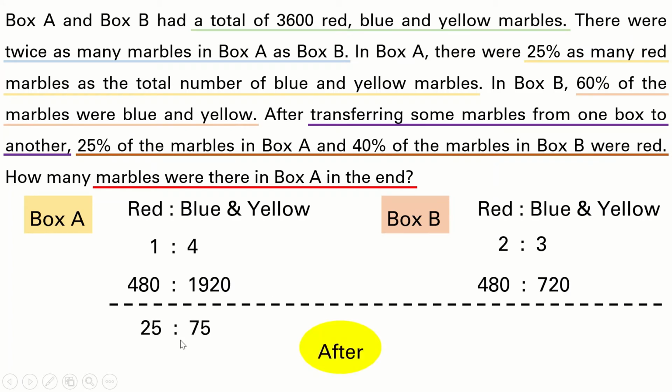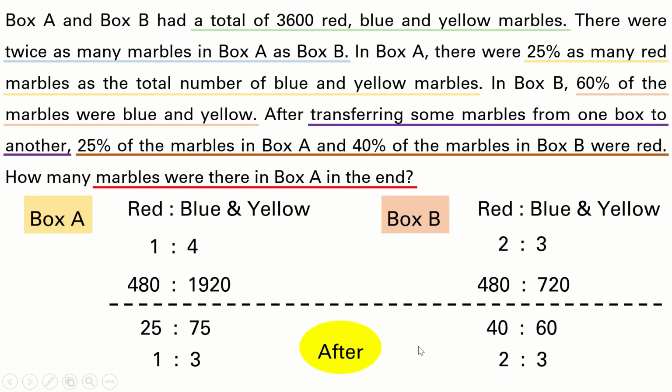It means that 25% in Box A were red, then the rest will be 75% blue and yellow. For Box B, 40% red means 60% will be blue and yellow. We simplify these ratios, we get 1:3 for Box A, and 2:3 for Box B for the ratio after.